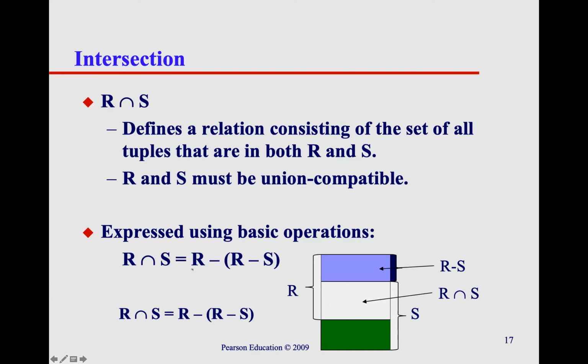Okay, so that's how we get set intersection using the difference. But we treat intersection as though it were one of the basic operations, but it's not. In the quiz, I ask you what are the basic operations. Intersection is not one of them.